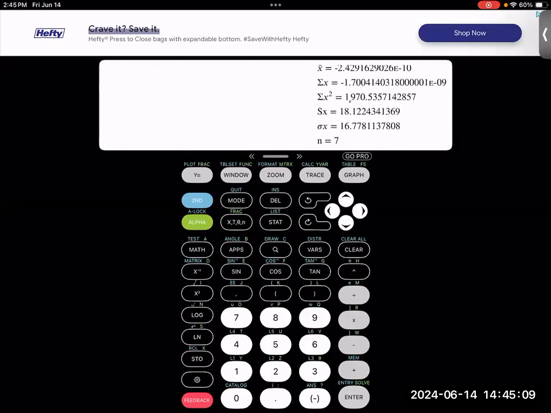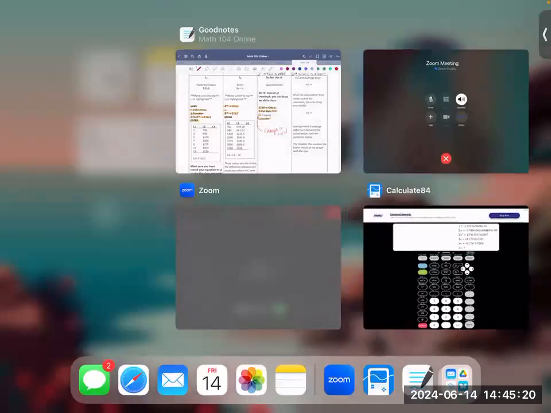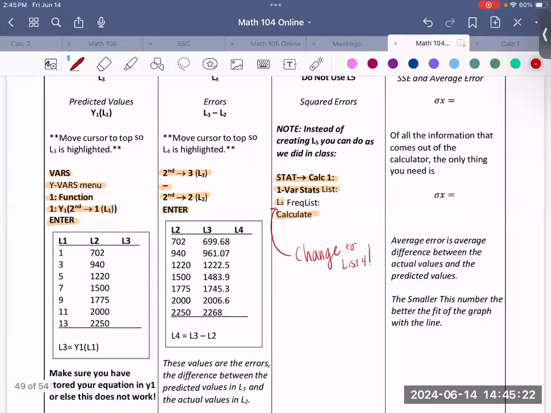We said we really need the sigma x, the lowercase sigma x, so the 16.778 value. So let's go ahead and round that to 2 decimal places. And that will be our answer, 16.78.